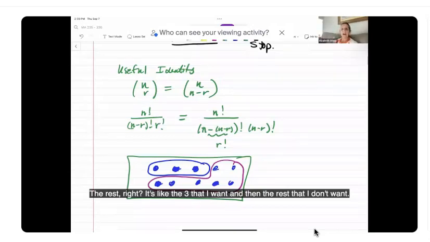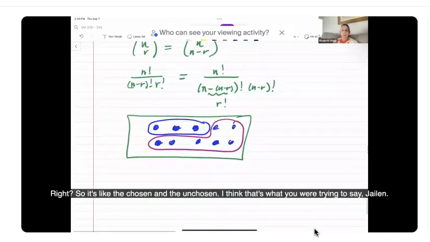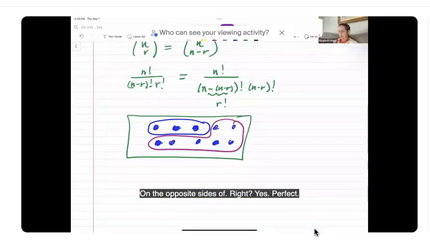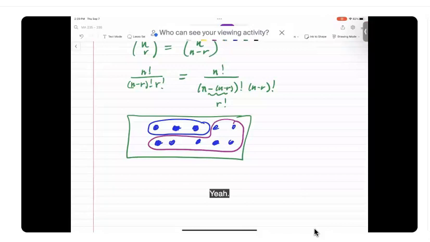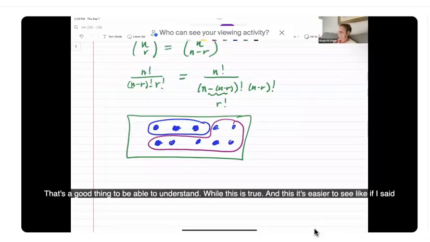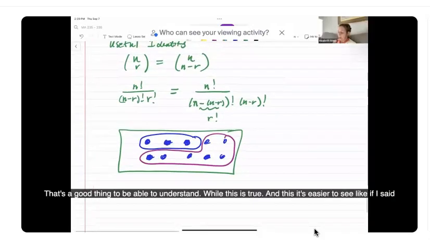It's like the 3 that I want and then the rest that I don't want. So for every group of 3, there's going to be a group of the total number minus 3, right? So it's like the chosen and the unchosen. I think that's what you were trying to say, Jalen, on the opposite sides of, right? Yes. Perfect. That's a good thing to be able to understand why this is true.